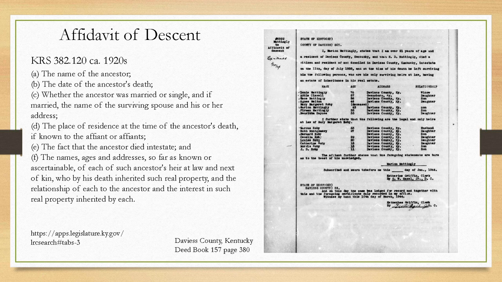So you get this really nice document where you find out, this is for H.D. Mattingly, who died in 1938. You get his widow's name, you get his kids' names. One of his daughters preceded him in death, and so there's her husband and all of her kids, because her share goes to them. And this is called direct lineal heirs, as opposed to collateral heirs.